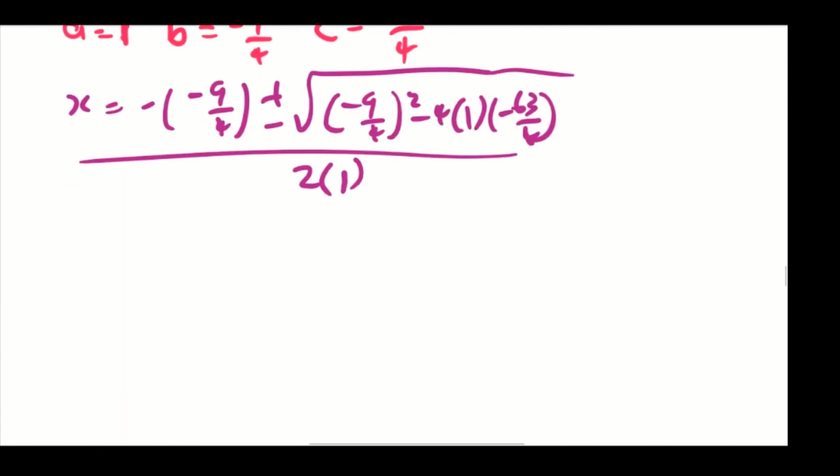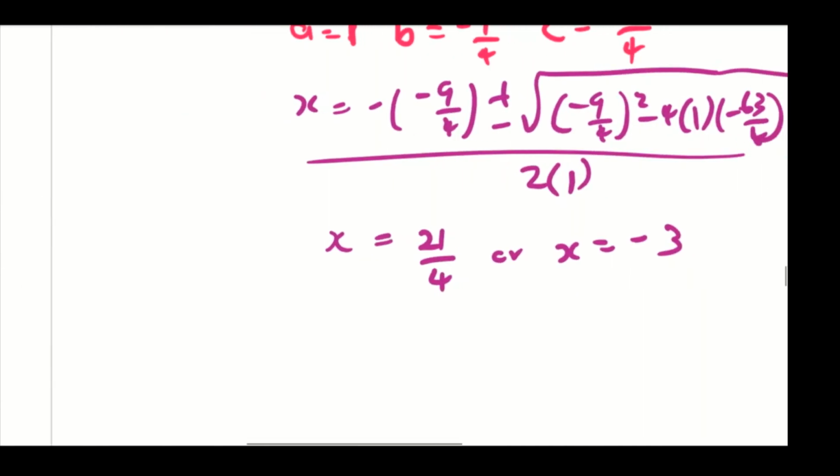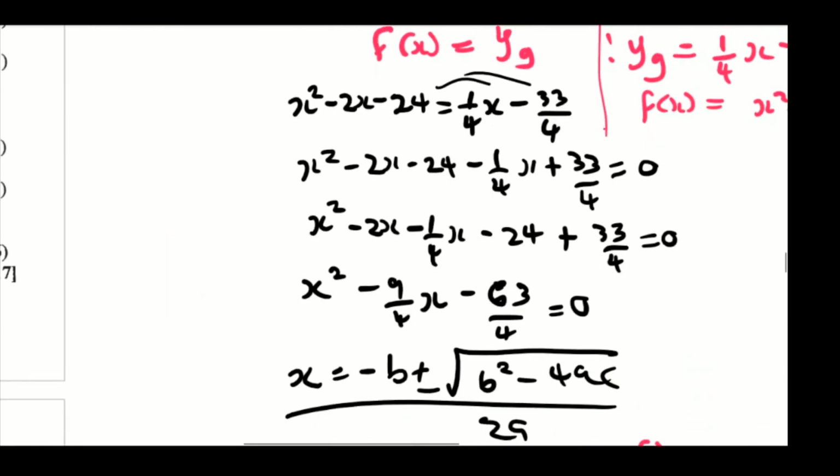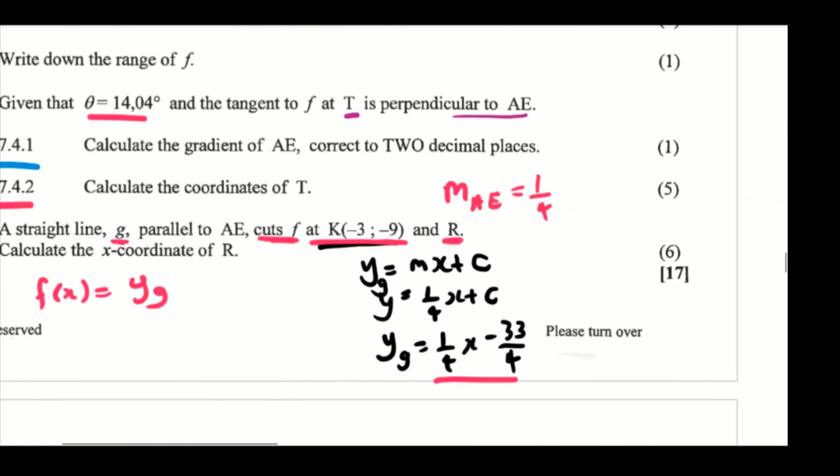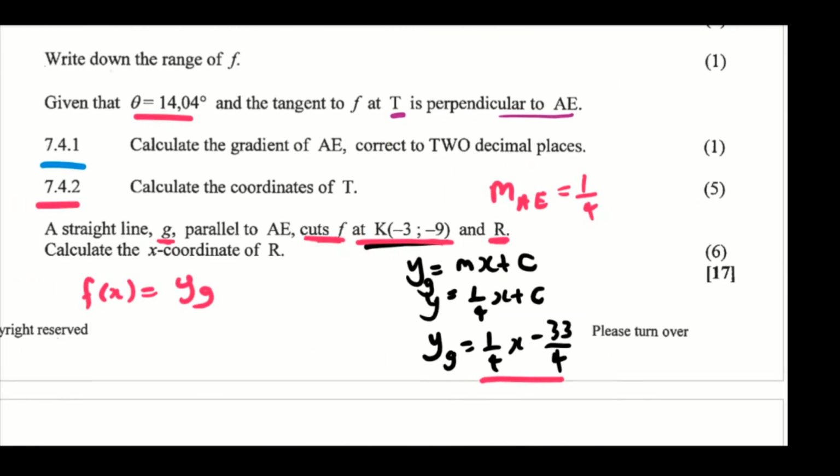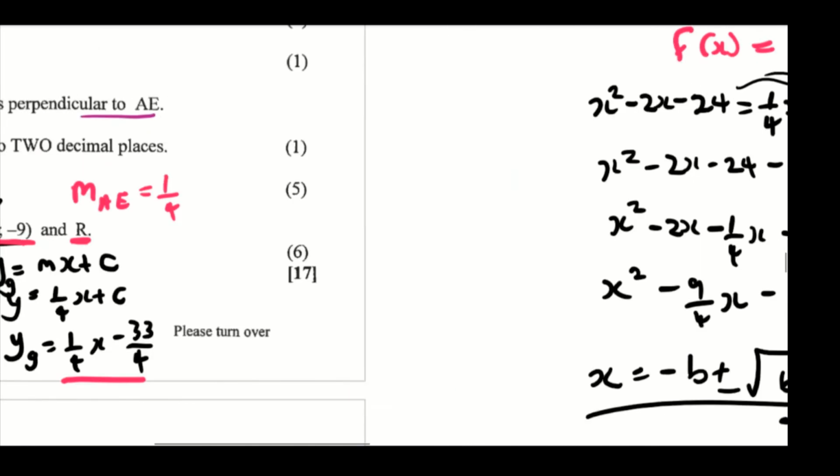So the x values that you're supposed to get is x being equal to 21 over 4 or x is equal to minus 3. Remember, I'm getting x equals minus 3, and I want you to see something here. This proves that the function does touch the point K, because x is minus 3 and we just found x equals minus 3.